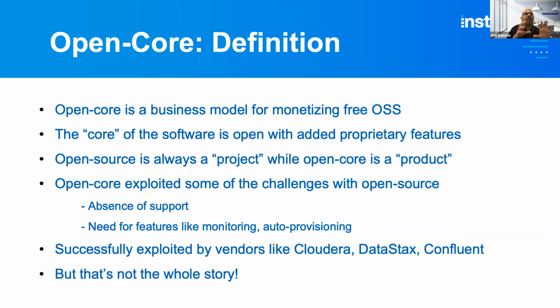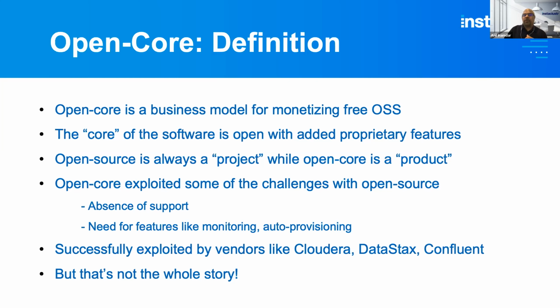The core of the software is open with added proprietary features. So open source is always a project, while open core could be a product. Open core exploited some of the challenges with open source, like the absence of support or needs of features like monitoring or auto provisioning. Open core is successfully exploited by vendors like Cloudera, DataStax, and Confluent.